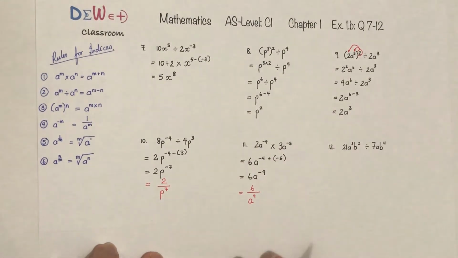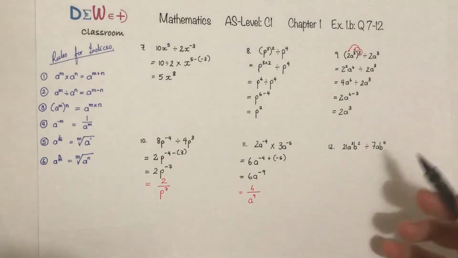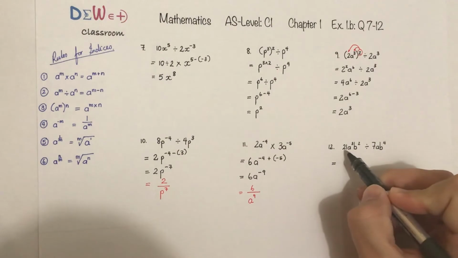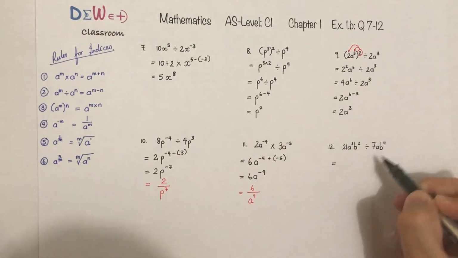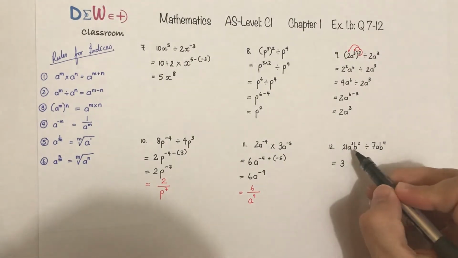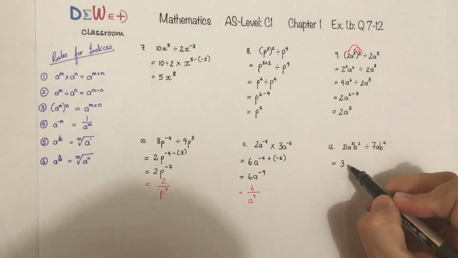Question number 12. Here you can see we have multiple bases. We have our coefficient, we have a base and a b base. So how will we solve these? Well, very simple. Coefficients, 21 divide by 7, that will give you 3. That's the easy one. We now go and we only work with the base a.